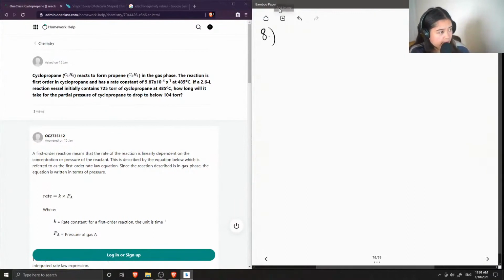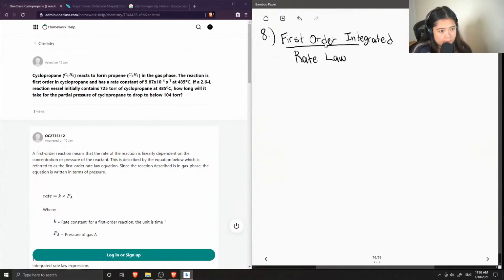Okay, so this question tells us a lot of things. It tells us that we have a first order reaction. And because we know that this is a first order reaction, then we can write down the first order integrated rate law. There are different types of rate laws.